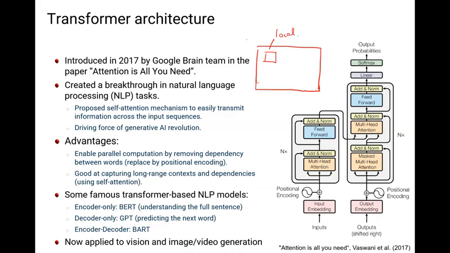This will give you a problem if, let's say, there's a flower on the left-hand side of the image, and there's another flower on the right-hand side, at the bottom of the image. There is some distance between them. This is a long-term distance.